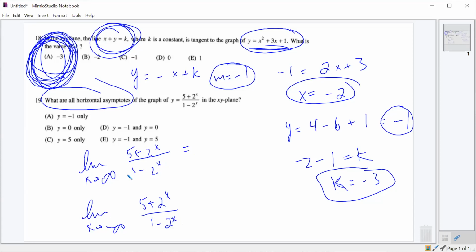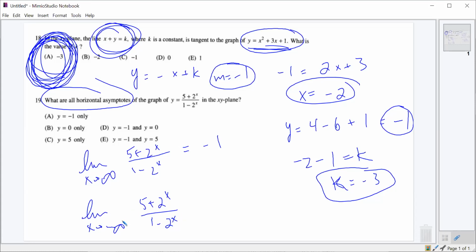And so as x goes towards positive infinity, this 5 and this 1 become insignificant, and 2 to the x and 2 to the x are the same, but the negative in the bottom gives us a -1 here. But as we go towards negative infinity, like we said before, this value here of 1 minus 2 to the x, right?